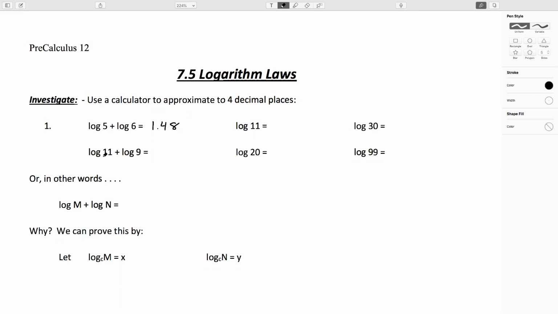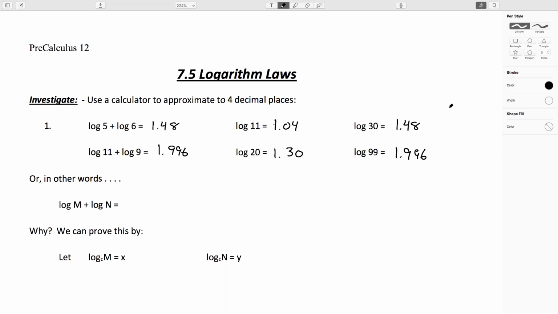If you do log 11 plus log 9, you'll get 1.996. Log 11 is 1.04. Log 20 is 1.30. Log 30 is 1.48. And log 99 is 1.996. You might be wondering why we picked these specific numbers.